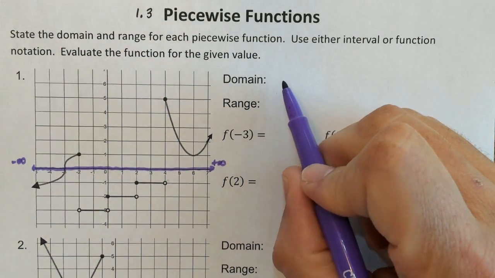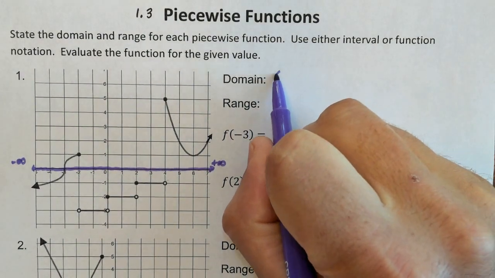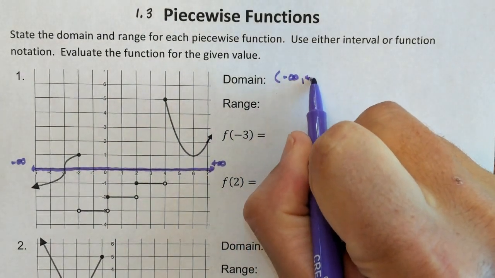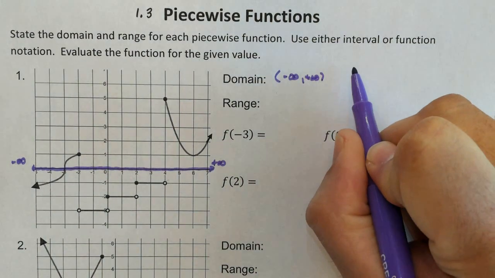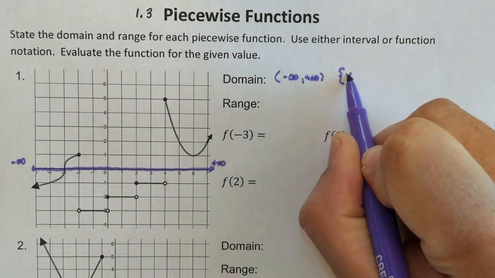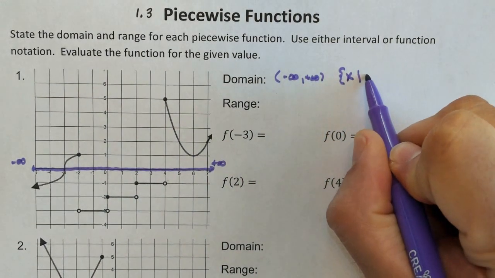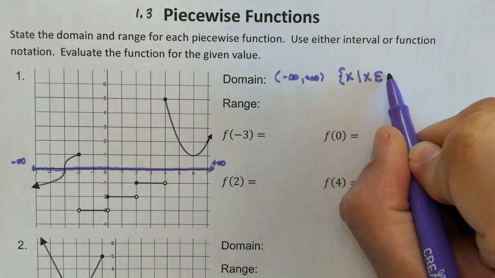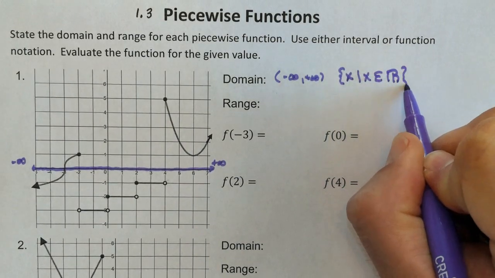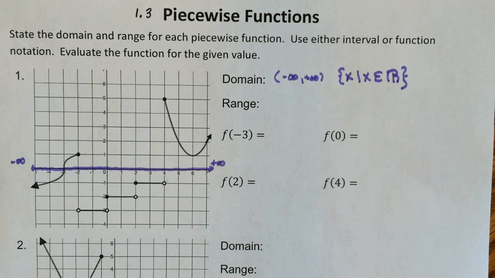So for our domain in interval notation, that would be from negative infinity to positive infinity. In set notation, you have the set of all x's such that x is an element of all real numbers. So you could write it in either way.